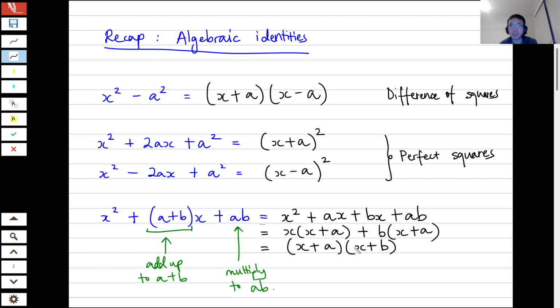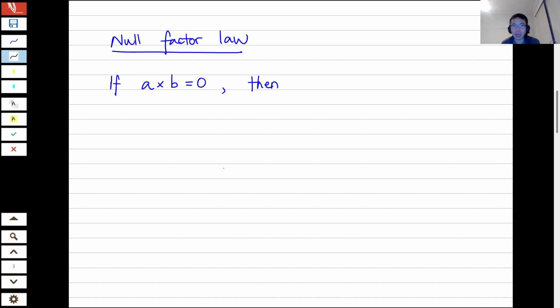So one other thing that we need is what's called the null factor law. If I have any two numbers, I won't say can be any number, I'll say that they represent numbers.